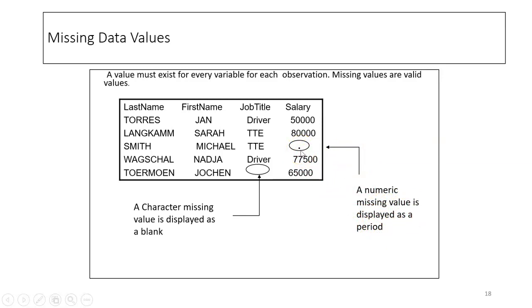If there is a missing value for a character variable, nothing will show, a blank. But if there is a dot in your numeric variable, it is a numeric missing value, right?